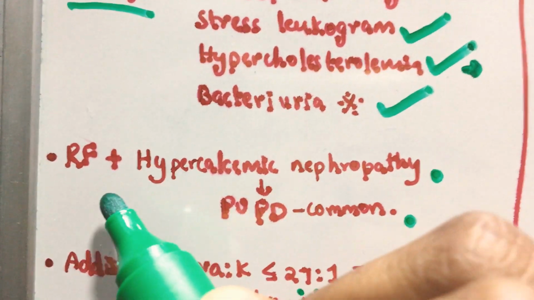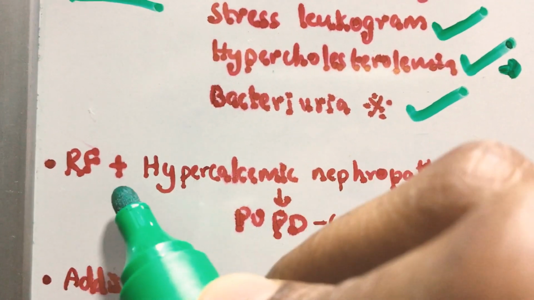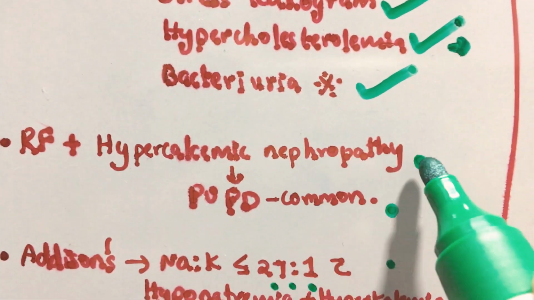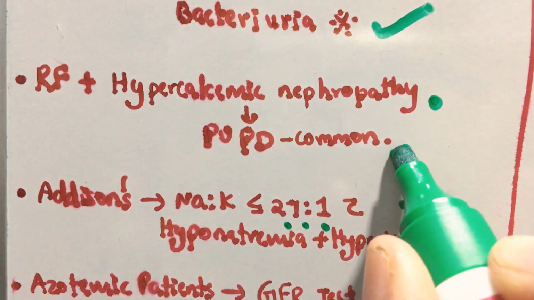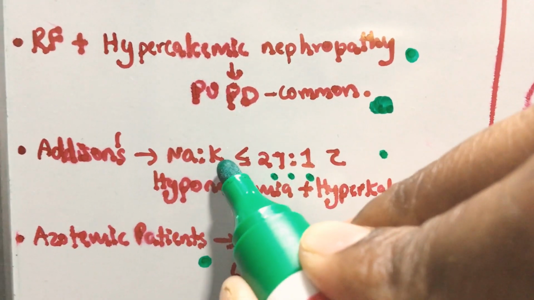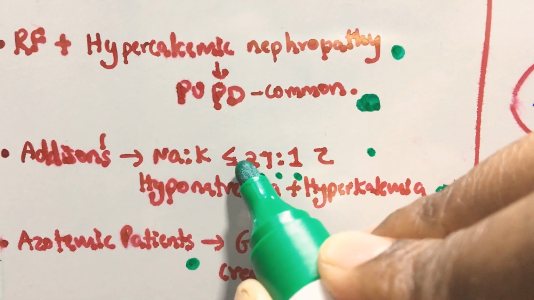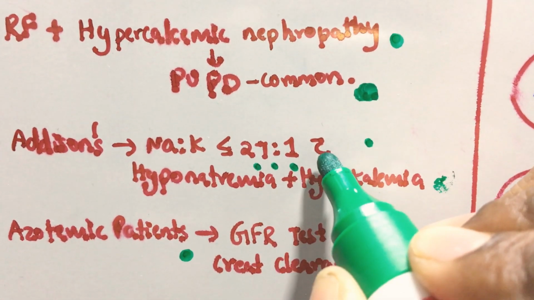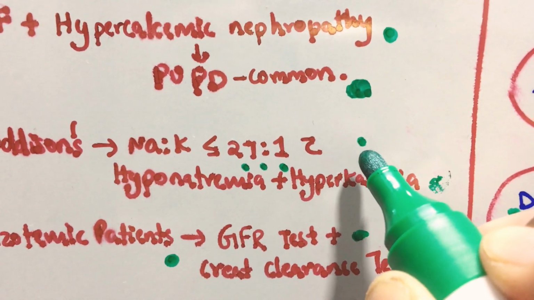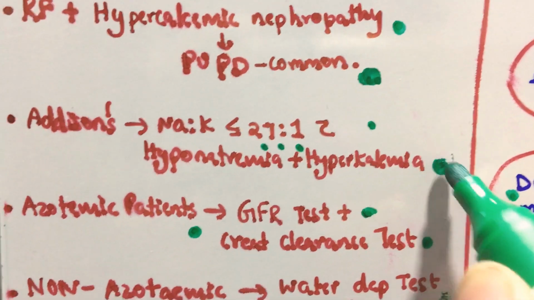Then coming to renal failure, in conditions such as renal failure with hypercalcemic nephropathy, PUPD is very common, okay? Then in Addison's disease, the sodium potassium ratio will be less than or equal to 27:1, where there will be hyponatremia and hyperkalemia.